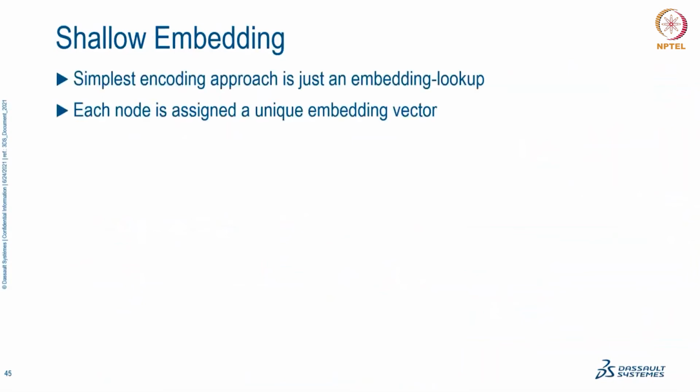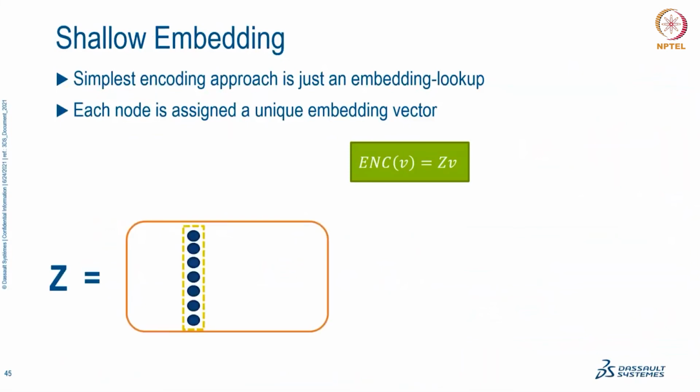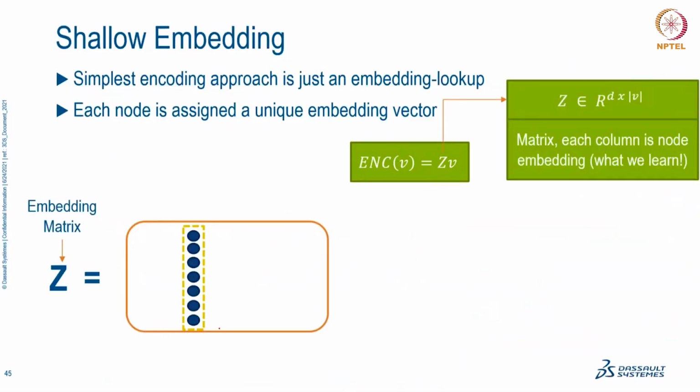For simplicity, we'll go ahead with shallow embedding. This is simply a lookup table. For example, when a value v is given, we get z of v. And what is z? Z is just a table. Let me explain what you can consider here.